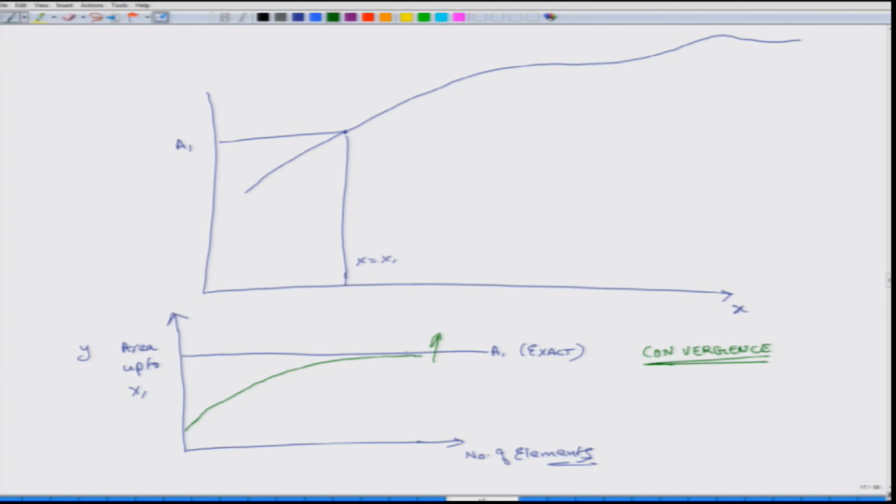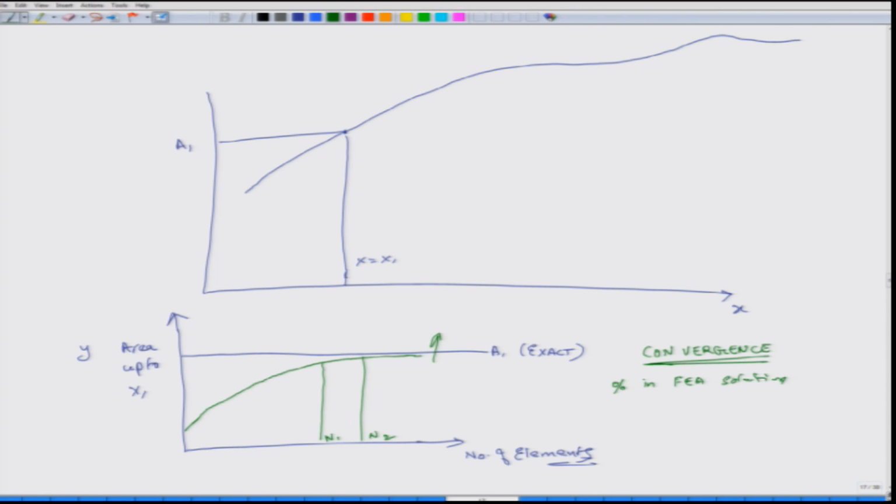So, if I have to see whether my solution is accurate, I have to see, okay, here number of elements was n1, here number of elements was n2. What was the percentage change in FEA solution? If it changed by maybe 20%, have I converged? I have not converged. If it changed by maybe 1%, and if I feel comfortable with that 1%, I will say I am fine with the solution.